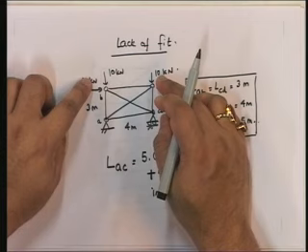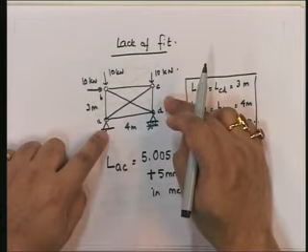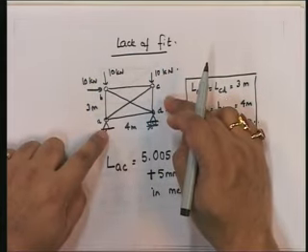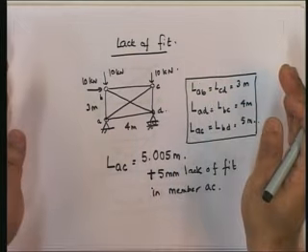superpose the effect of the loads and the effect of the lack of fit onto each other. In other words, I add up all the analysis results that I get for the load alone to all the analysis results that I get for the lack of fit alone.